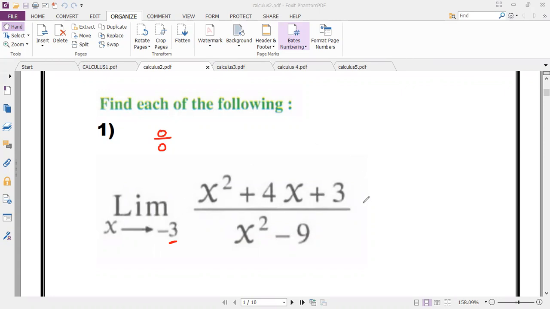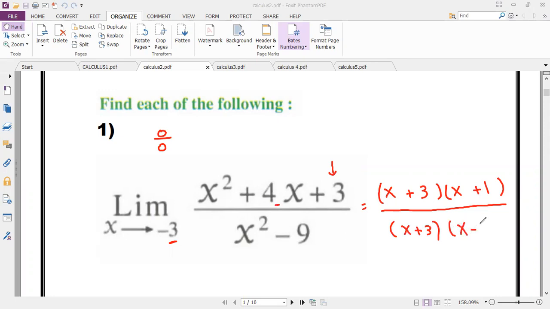So we can use factorizing here. x squared, we can write it as x times x, and two numbers whose product is 3 and whose sum is 4. So we have here 3 and 1, divided by x squared minus 9. We will factorize it as x plus 3 and x minus 3. Then we are going to cancel x plus 3 and x plus 3.